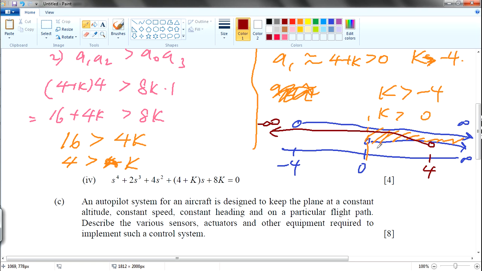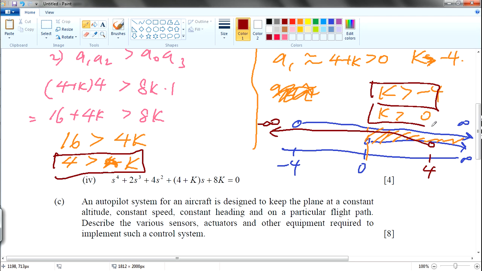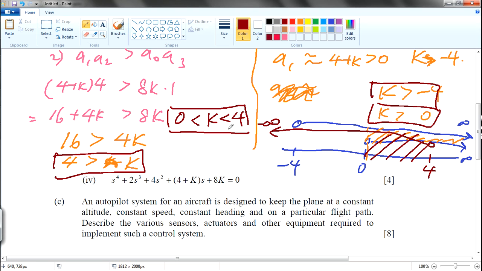So what satisfies all these boundary conditions? This region over here, right? So K should be smaller than 4, while larger than 0. So the best range should be this.